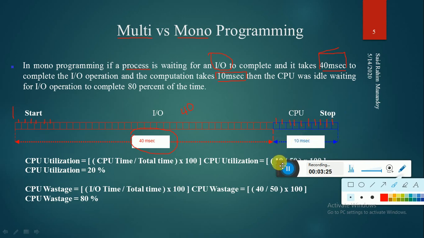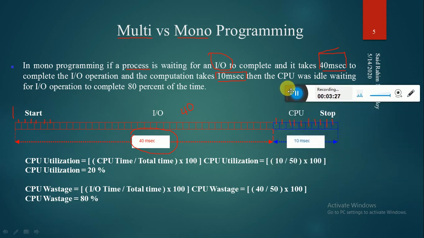Now we are going to check that how much time of a CPU is wasted and how much time of a CPU is utilized. This is the formula for CPU utilization. CPU utilization is equal to CPU time divided by total time multiplied by 100. You will get the CPU utilization.